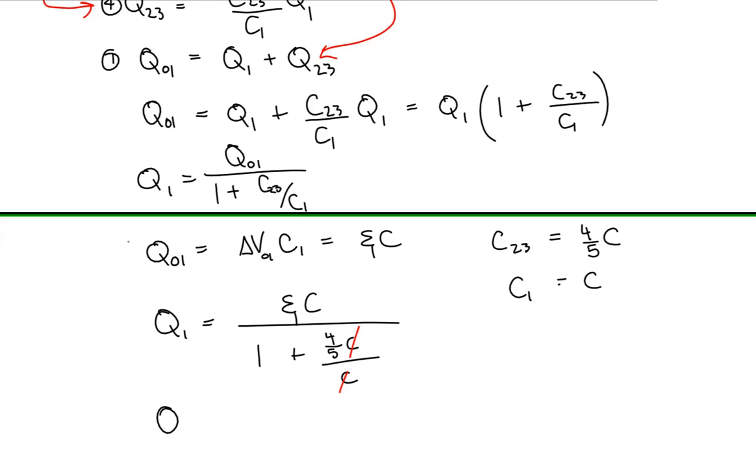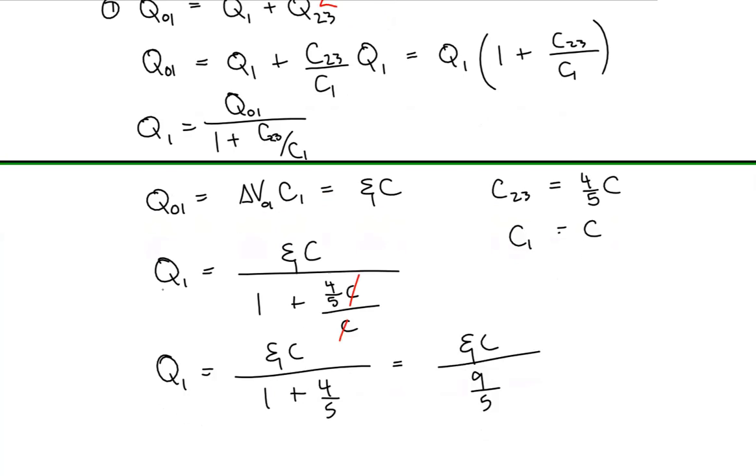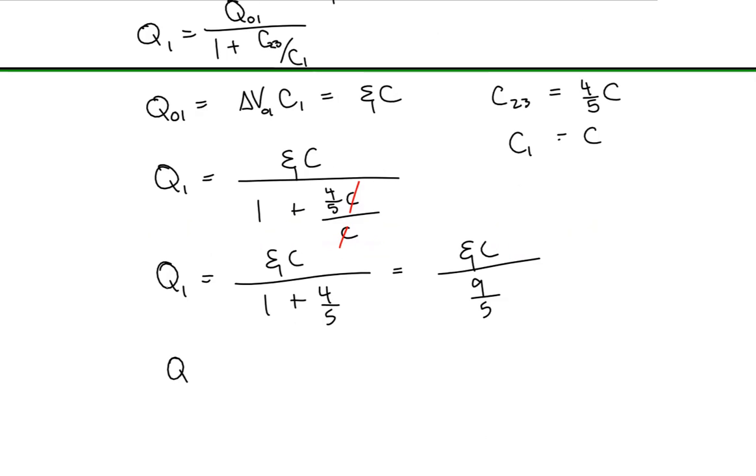And we have Q1 is equal to the EMF C over 1 plus 4/5. So 9/5. Well, maybe I shouldn't do so much in my head. So that should be 9/5. And now we have an expression for the charge on Q1. The charge on Q1 is 5/9 of the initial charge on Q1.